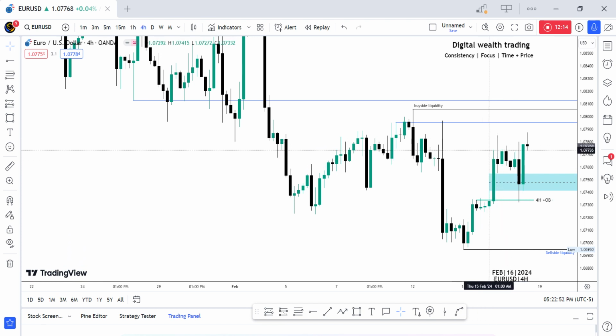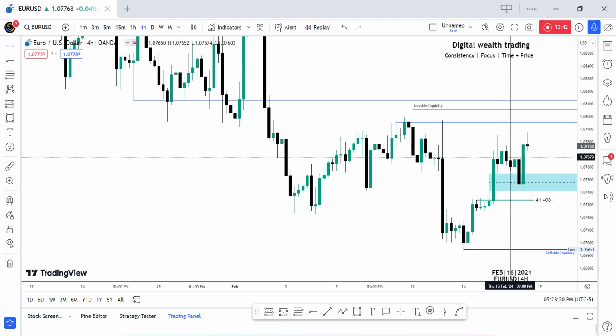Why? Because I already saw how it was printing. At the time I wanted to take that trade, it was not willing to give us that. Imagine the London session is not moving, and during the New York session nothing is moving. So it is kind of tricky, and you don't want to engage in such a scenario.